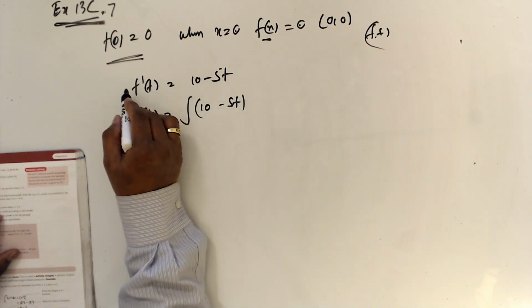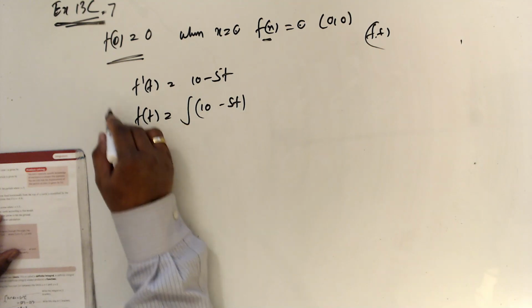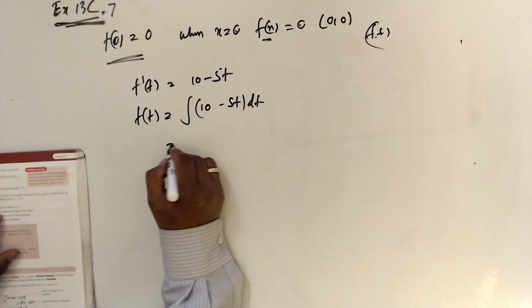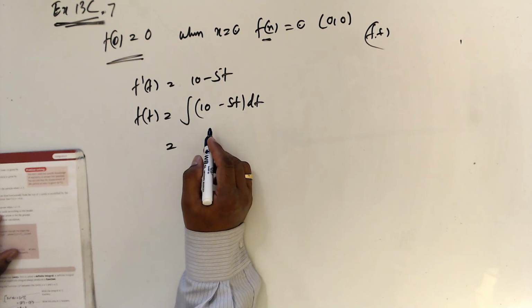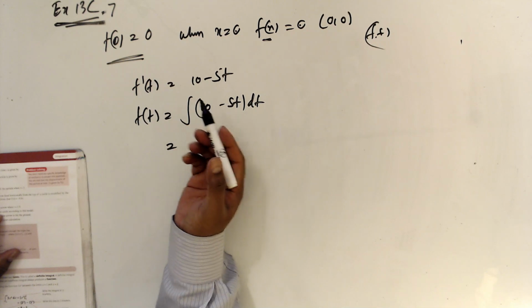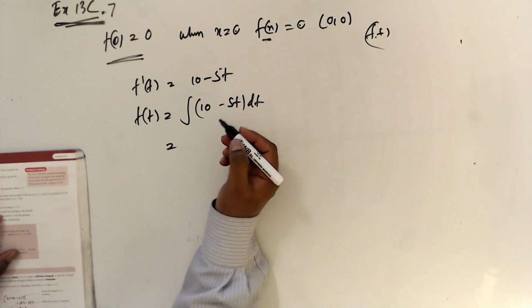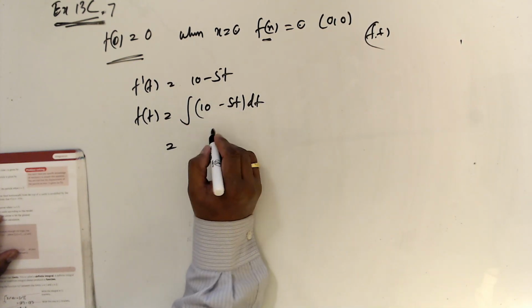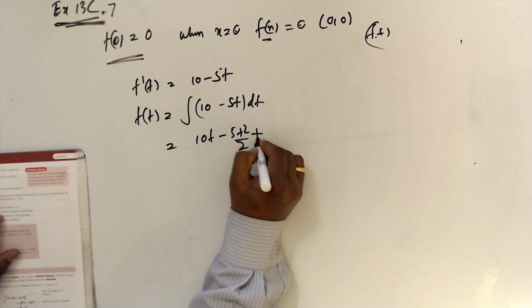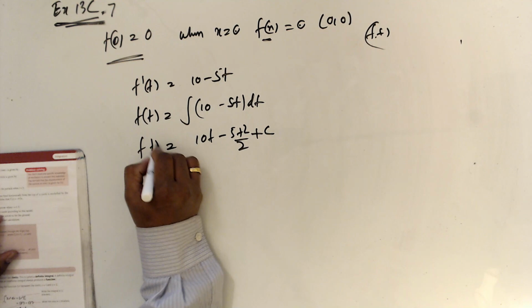So we are at the first derivative and we need to go to no derivative, the function. So this is going to be 10t minus 5t square over 2 plus c, f(t).